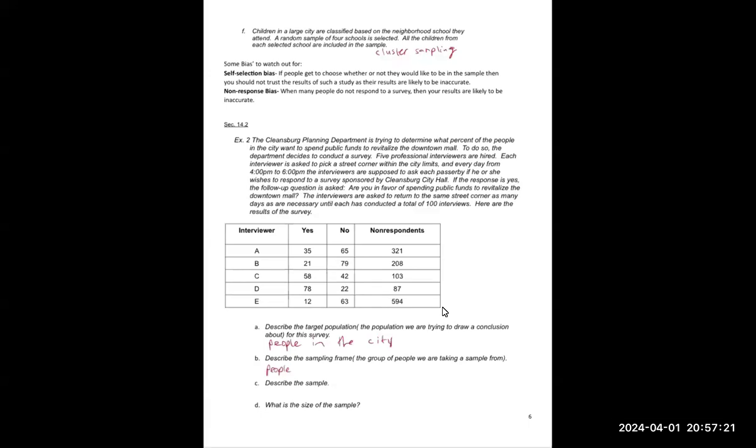So that's not good. Ideally, our frame would be the exact same thing as our target population, and everyone in our target population should have an equal chance to be in our sample. But it doesn't look like that's happening in this situation.